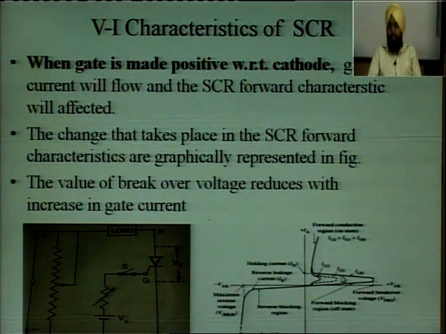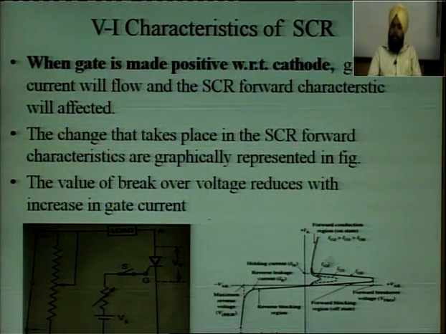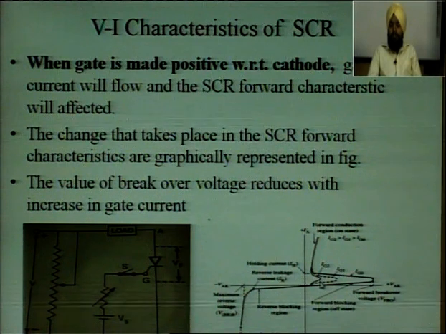Now, if we increase the gate current to Ig2, again the forward breakover voltage point will come at a lower voltage as compared to the previous gate current. So, this breakover voltage point will shift toward lower voltage as we keep on increasing the gate current.